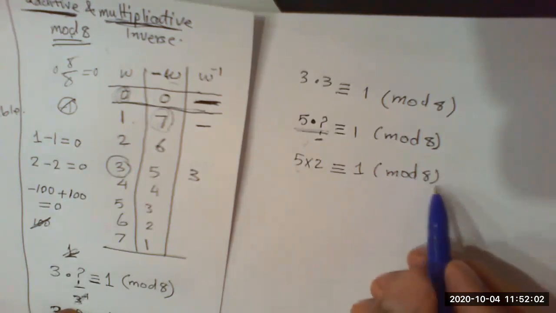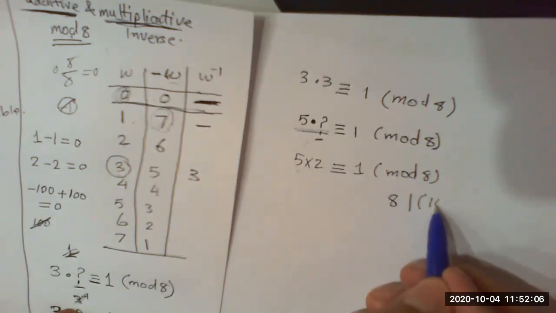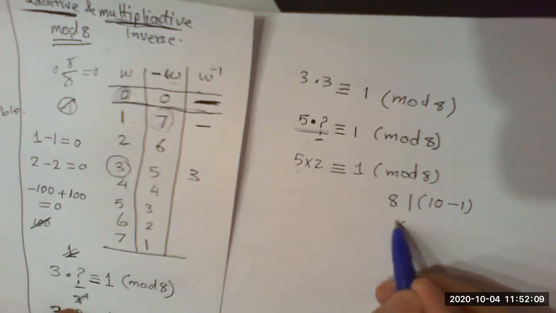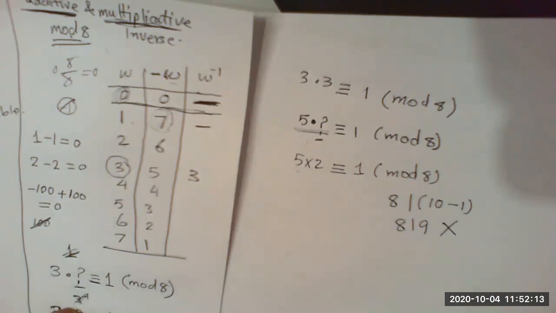Let me check if it's true or not. I have to make sure that 8 divides 10 minus 1. 8 divides 9? No, this is not true, just because 8 is not dividing 9.